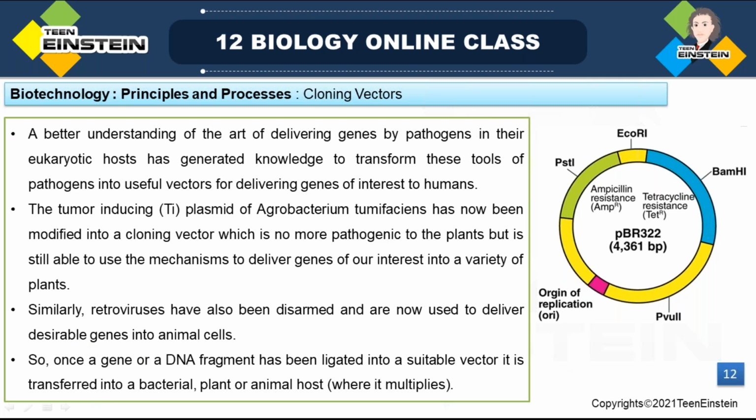So when a gene or DNA fragment is ligated to a suitable vector, a retrovirus or Ti plasmid, whatever it may be, and transferred into a bacterial, plant or animal host, it gets multiplied there. Got it?